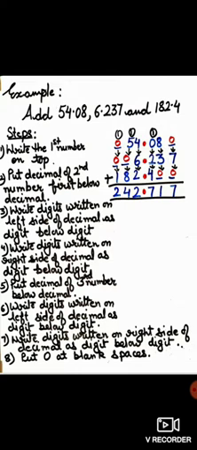Then we will write on the left side the digit 6, and on the right side we will write first of all 2 below 0, then 3 below 8, then we will write 7. Then for the third number, first of all we will put decimal, then we will write 2 on the left side, then 8, then 1, and on the right side we will write 4.